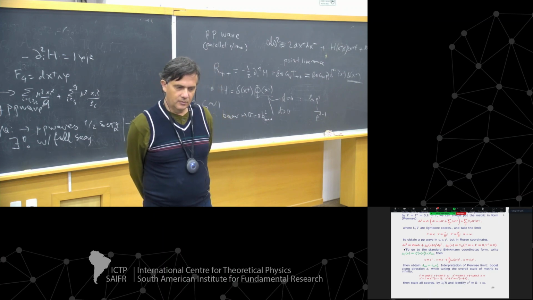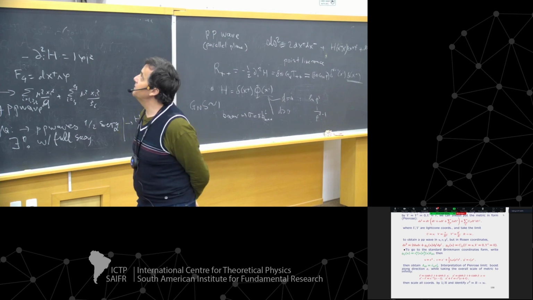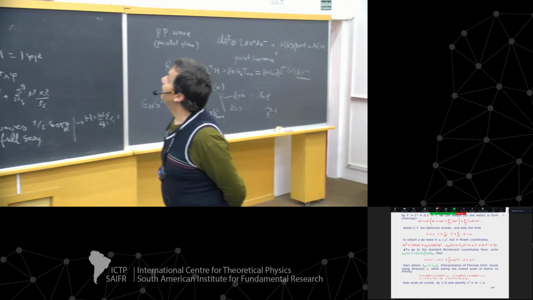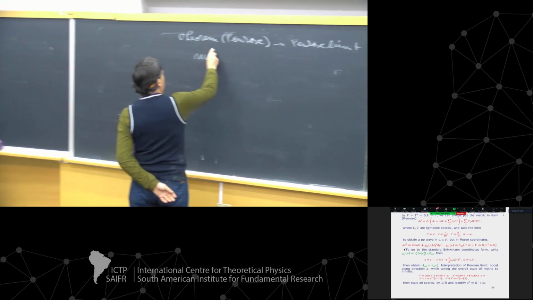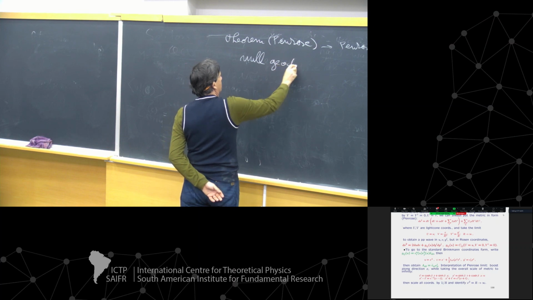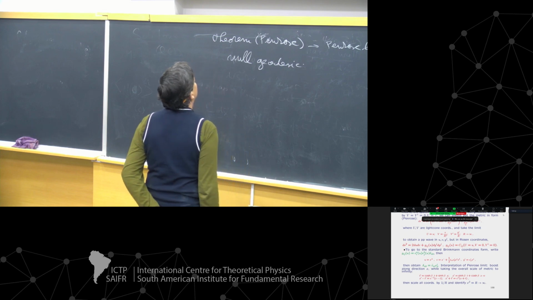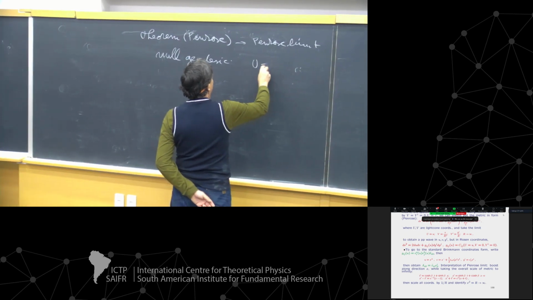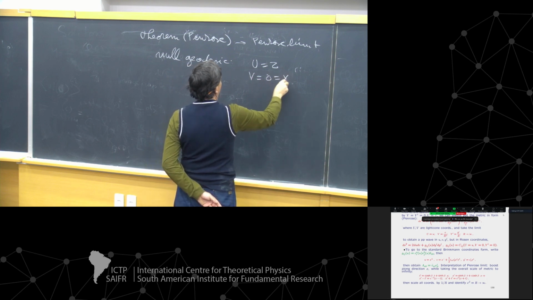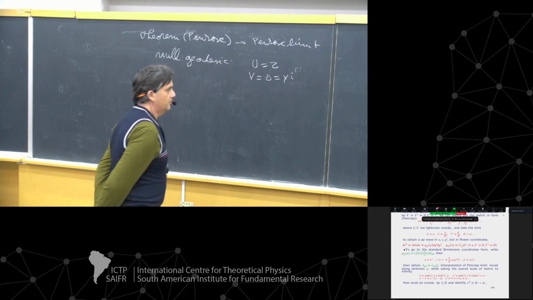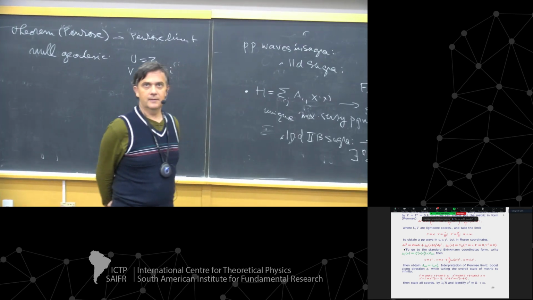So the way to see that is we consider the null geodesic parameterized by u. So u equal to tau, and then v equal to 0, and also all the other transverse directions, where u and v are like x plus and x minus from before, they're light-like coordinates.